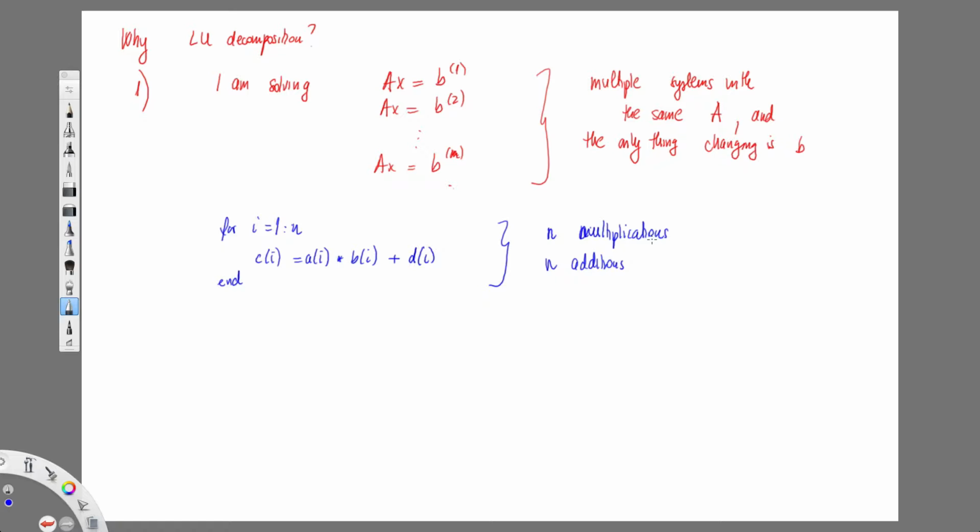So people who analyze algorithms literally look at the algorithm like this and count how many operations you do. This is so-called O of N operations.